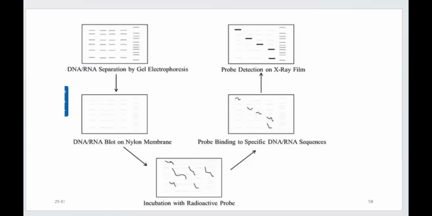So when you are checking the complementarity of two DNA strands, or you want to find out whether the mutation in the DNA which you are interested in is present or not, that also can be detected by these techniques.